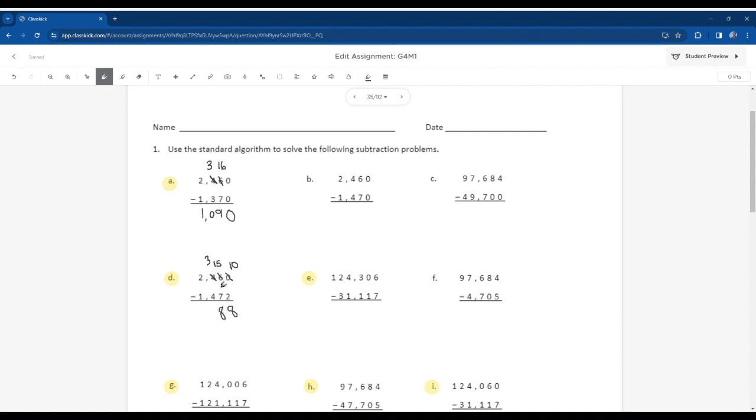And now we need to regroup a third time because we have 300s and we need to take away 400s. So we need to regroup over here from the thousands. So 2000s is going to be regrouped for 1000 and 10 hundreds plus the 3 I already have makes 13. And 13 minus 4 is 9. And 1 minus 1 is 0 to give us 988.